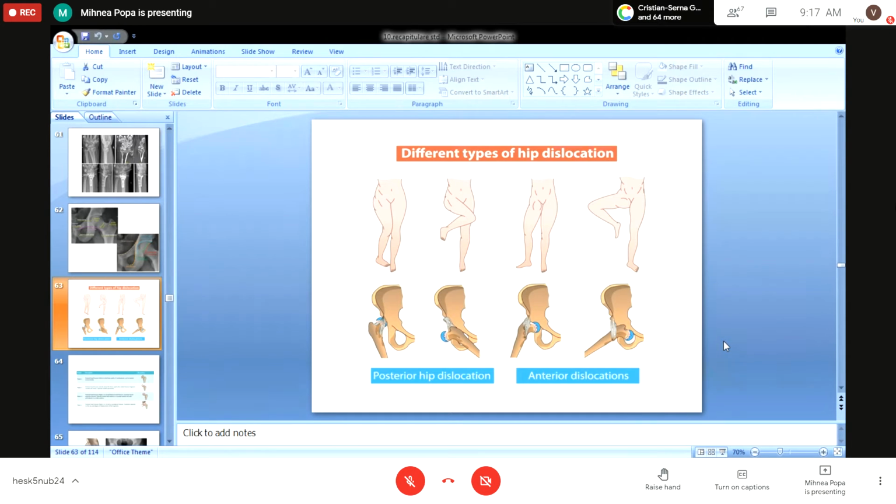And I told you that it's a young patient because in most elderly patients, if they have this type of traumatism, it's not going to be a luxation, it's going to be a fracture, because the bone is not as resistant as in younger patients.